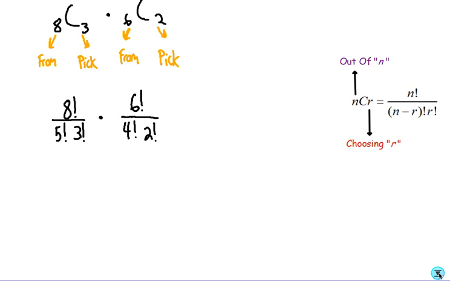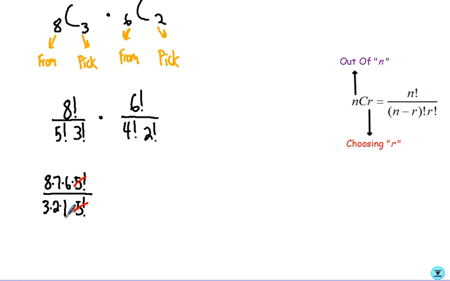So let's take 8 factorial. Now 8 factorial would be 8 times 7 times 6 times 5 times 4 times 3 times 2 times 1. But what I notice is that if I look at the bottom, there's a 5 factorial as well, which would also be 5 times 4 times 3 times 2 times 1. So I can actually stop there because I know that they'll cancel each other out, so I don't have to write out the whole thing. 3 factorial would be 3 times 2 times 1.